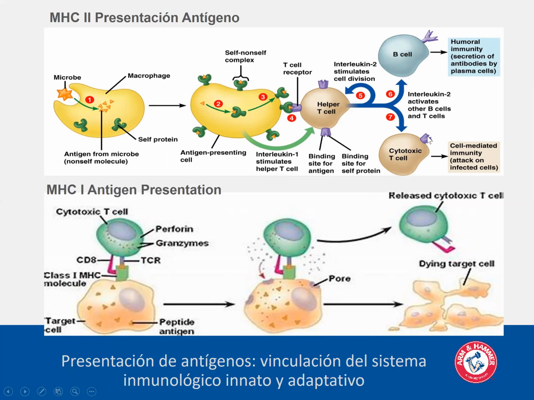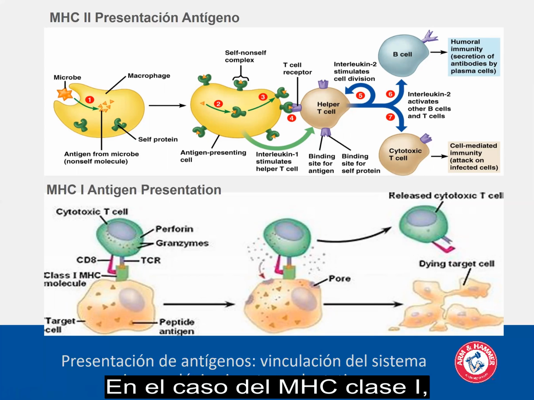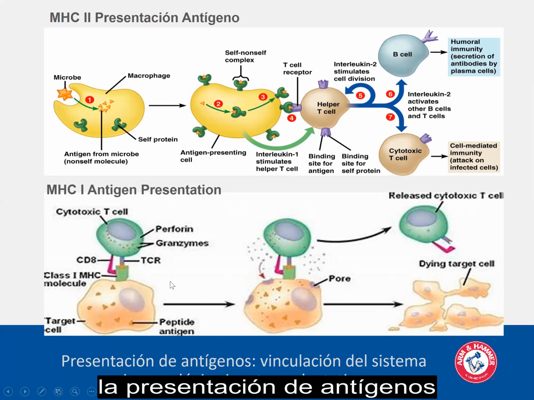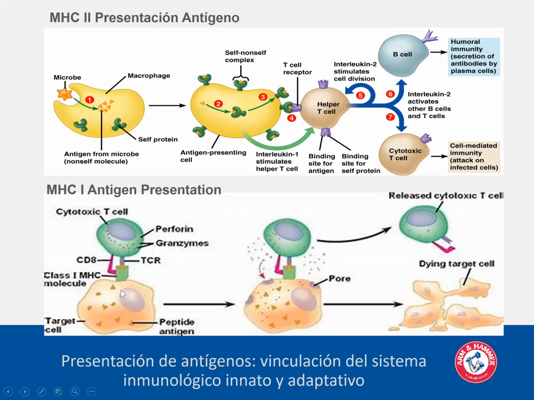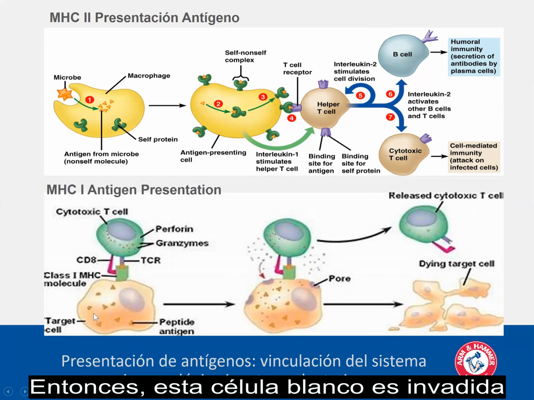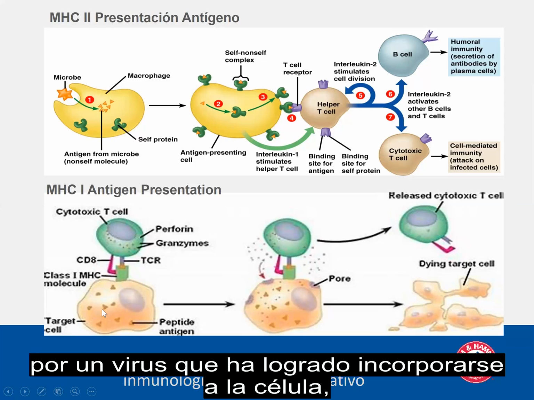and then respond. In the case of MHC class 1 antigen presentation, and remember MHC class 1 is the cell surface molecule on all nucleated host cells, now in this target cell, let's say it's been invaded by a virus that has incorporated itself into the cell.